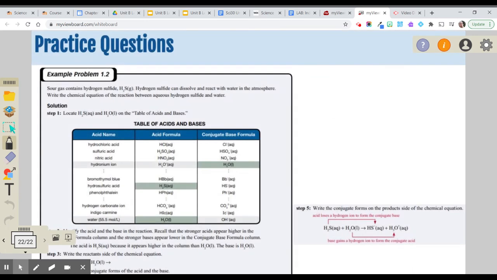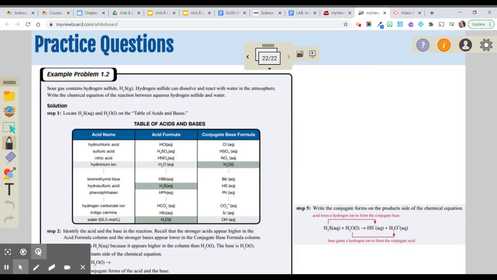All right, so there's an example problem here from your textbook. We're going to take a quick peek at this. Again, it is in your textbook. I didn't write the page number down, but you can see it's a sample problem, and it's written out in all the steps in your textbook. With this sample problem, you're going to be writing an acid-base reaction.